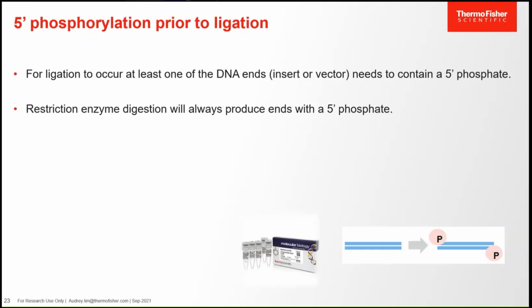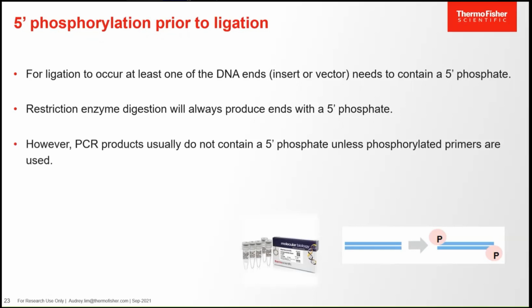However, very often, especially for blunt end cloning, your insert is a PCR product. A PCR product usually does not contain a 5' phosphate unless you design the primers used in your PCR to be phosphorylated.